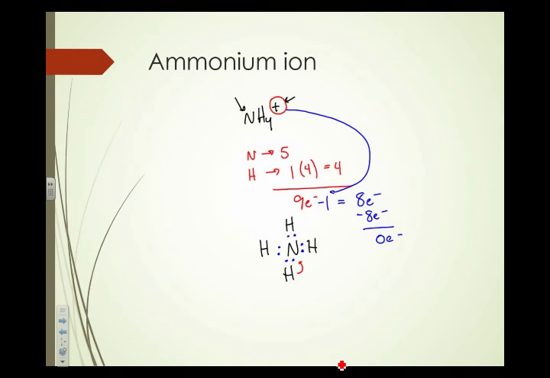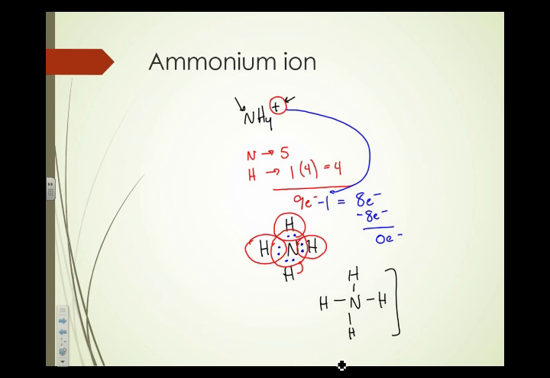Each hydrogen has access to 2, and the nitrogen has access to 8, which means everybody's happy. Now, I'm not totally done with drawing my Lewis dot structure because this is a charged ion. And so when I draw a Lewis dot structure of a charged ion, I have to put brackets around it and show the charge on the outside.